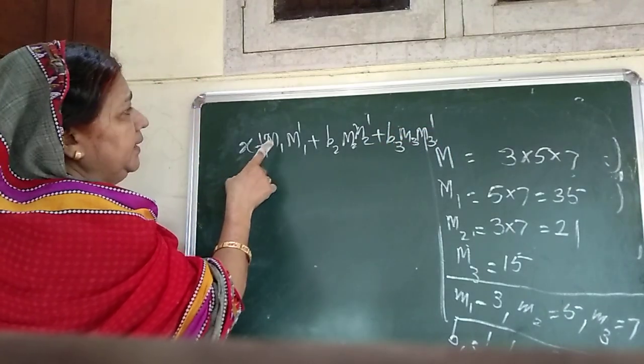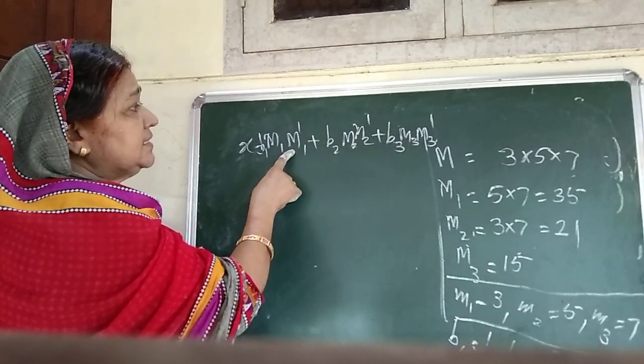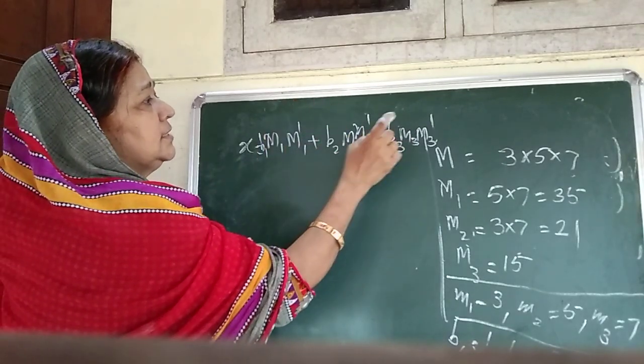We know b1 m1, b2 m2, b3 m3, so it is necessary to find M1 dash, M2 dash and M3 dash.